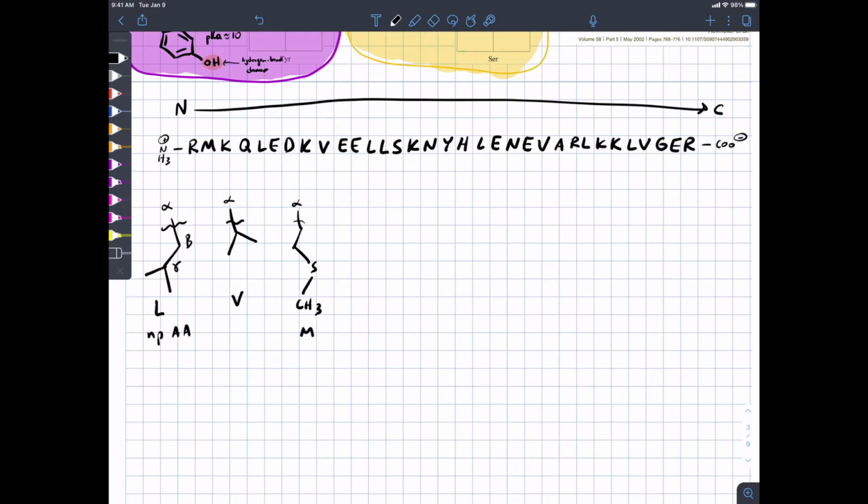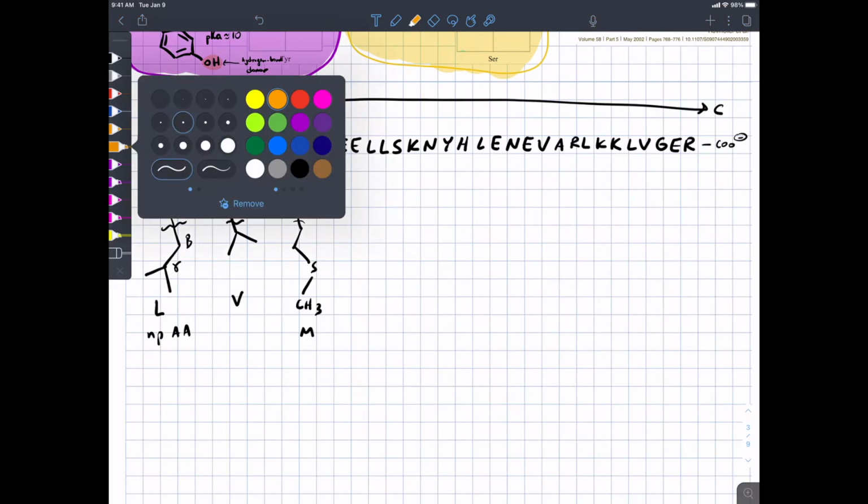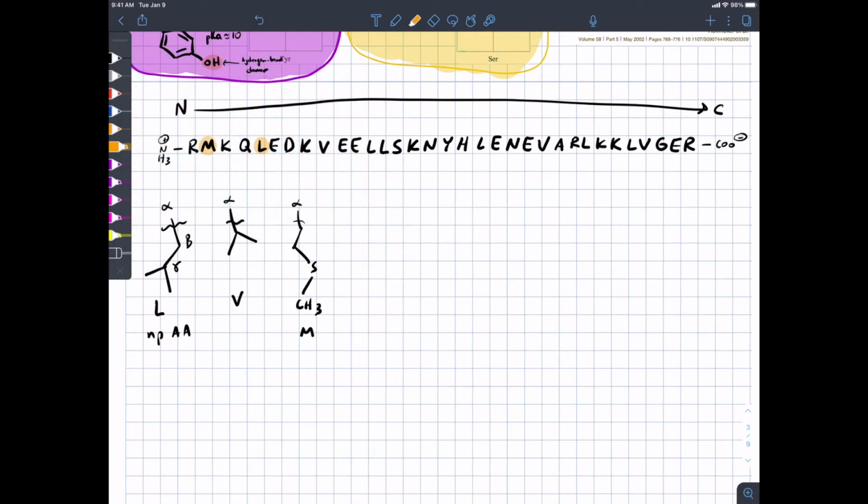All right, let's talk about all the times we see a nonpolar amino acid. There's one, there's methionine. Let's see, keep going, there's a valine, there's two leucines. Keep going, there's a leucine, there's a valine, there's a leucine, there's a leucine, and a valine. Does alanine count?